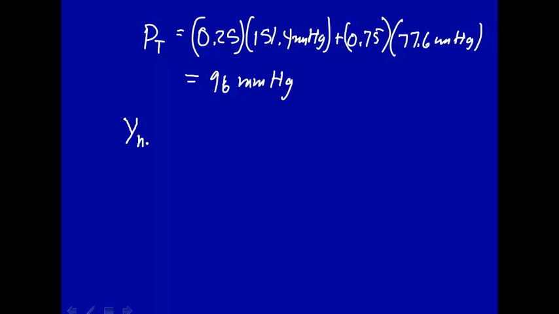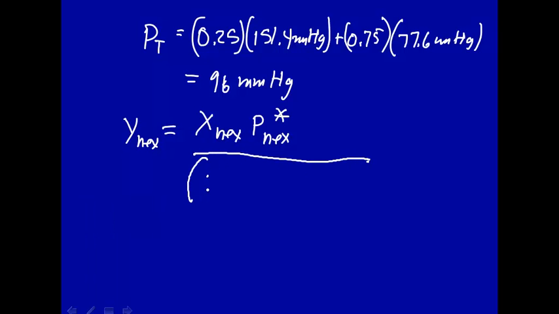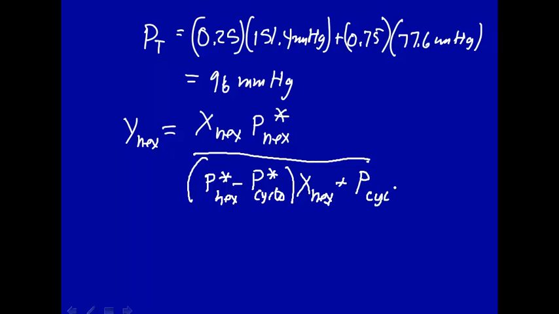So the mole fraction of hexane in the vapor phase will be the mole fraction of hexane in the liquid phase times the vapor pressure of pure hexane, divided by the vapor pressure of pure hexane minus the vapor pressure of pure cyclohexane, times the mole fraction of hexane, plus the vapor pressure of pure cyclohexane.